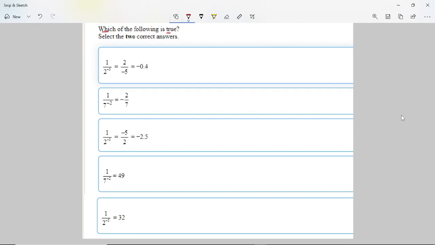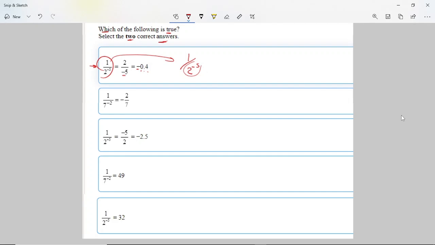Which of the following is true? Select the 2 correct answers. 1 over 2 to the power of negative 5 will be equal to 2 over minus 5, equal to minus 0.4. So let's check. 2 to the power of negative 5, I can convert it to positive 5.